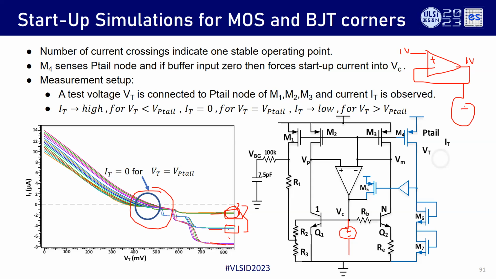Now put a voltage source here. What will happen? If I apply exactly 1 volt here, nothing will happen, right? Because this node is at 1 volt and we connected 1 volt, so no current will flow. So this 1 volt is 1 operating point.